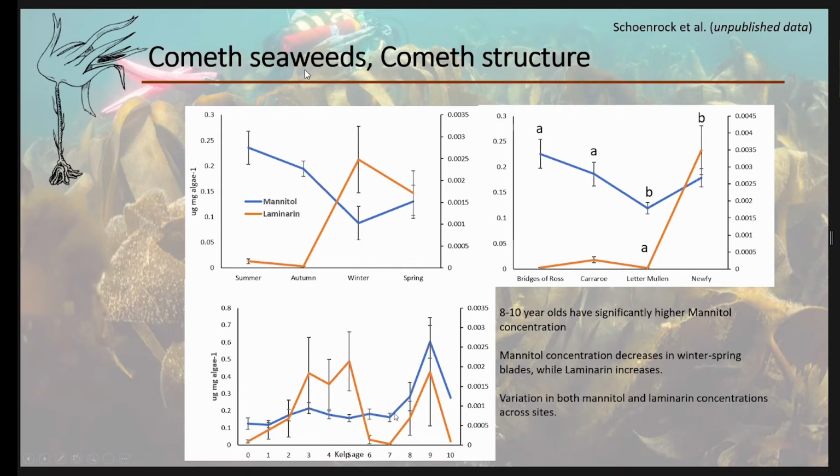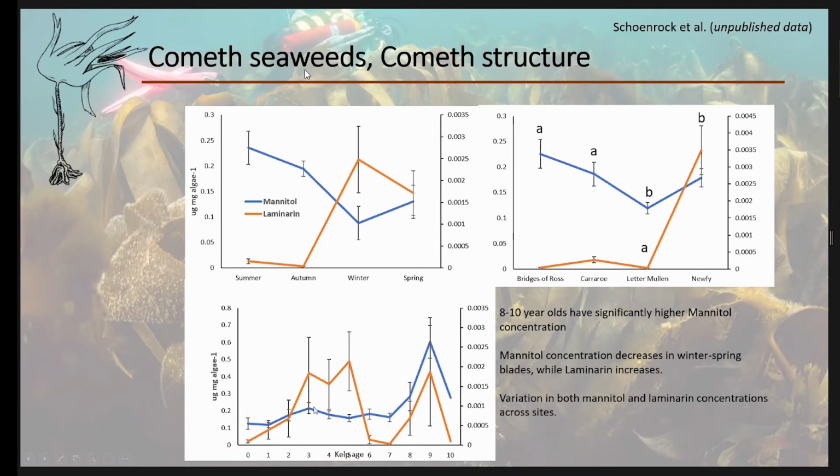Across ages, this actually varies quite a bit. So you have peak laminarin in kelps from 3 to 5 years old. Mannitol is fairly steady until you get very, very old, around 9 years old, and then mannitol and laminarin both peak.